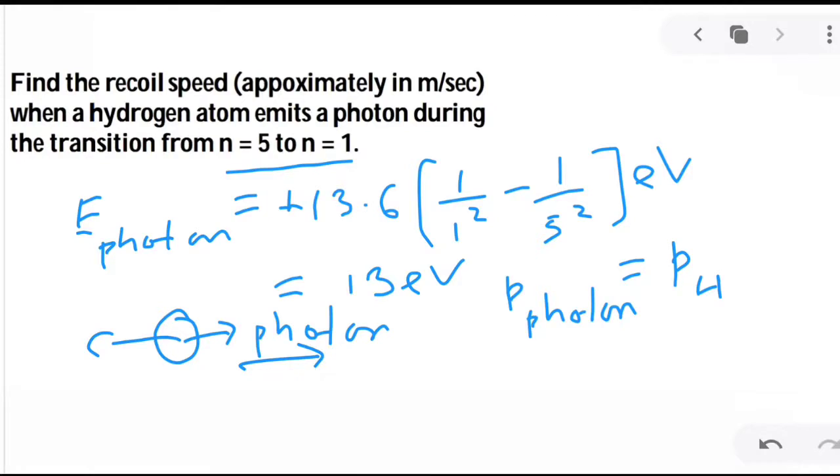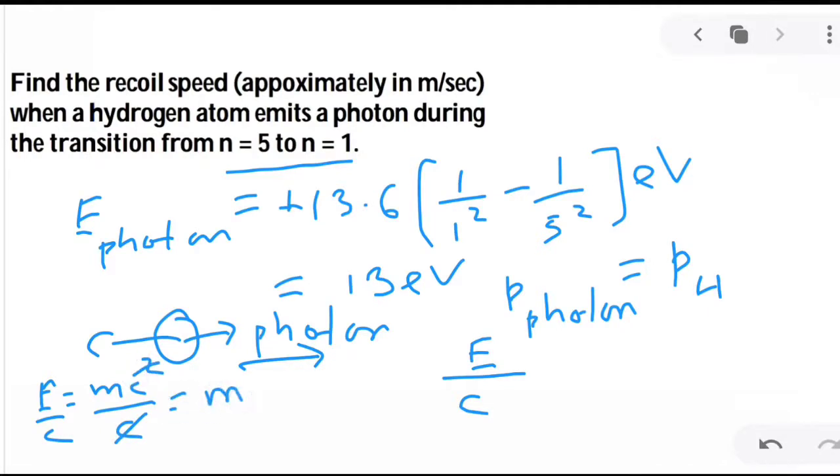Now the momentum of the photon is equal to E divided by C. Why is it E divided by C? Because E is equal to mc square. So E divided by C means mc square divided by C, so one C gets cancelled.